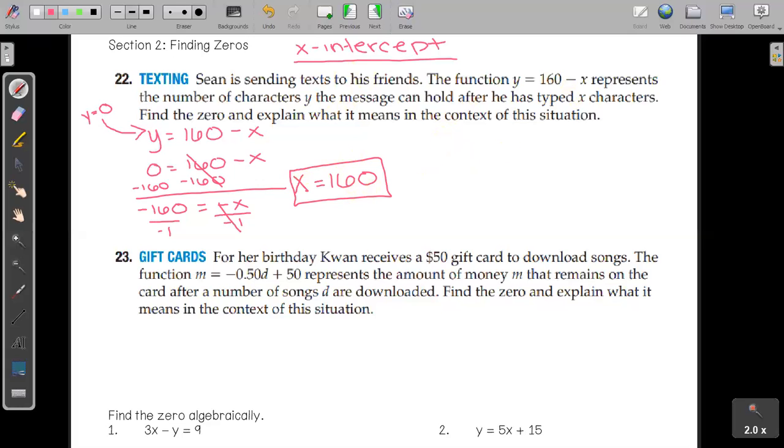So let's write that. So Sean can send no more than 160 characters in a text message.